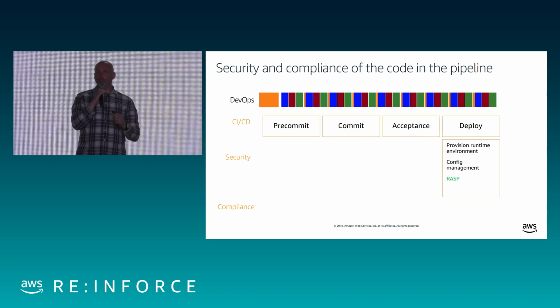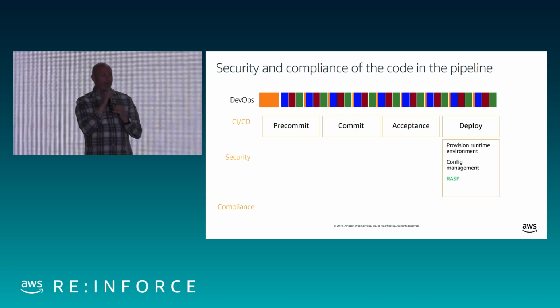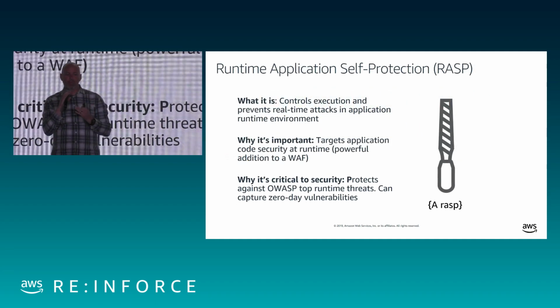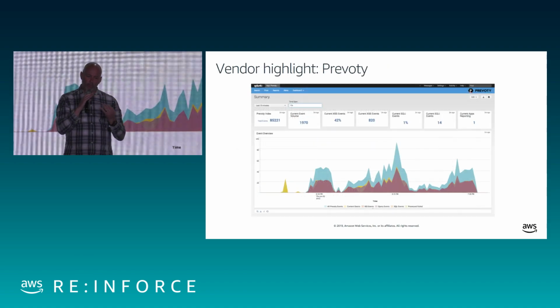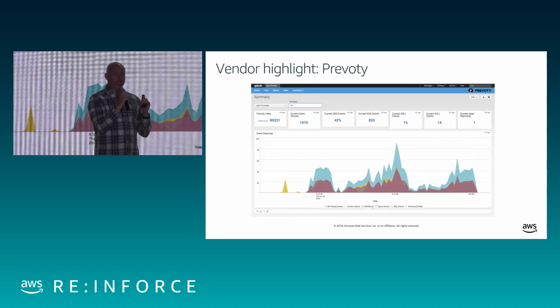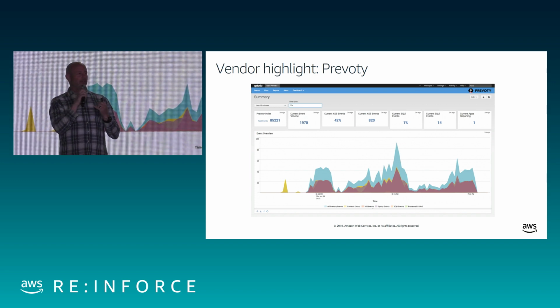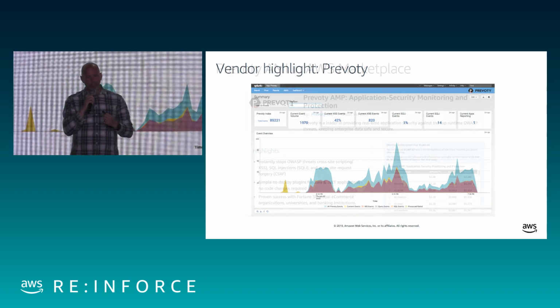And runtime or production security, there's vendors that focus just on security at runtime. And one of the vendors that we'll talk about is a runtime application self-protection solution that is available from a company called Prevoty. There's a couple of other vendors that are actually doing that now. Trend Micro recently bought a vendor, and they have now deep security for applications as well.